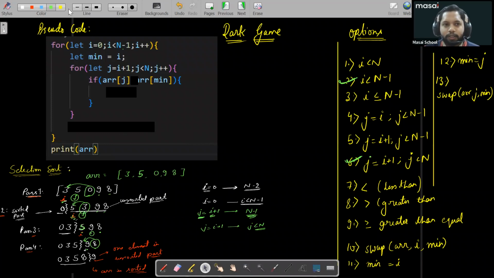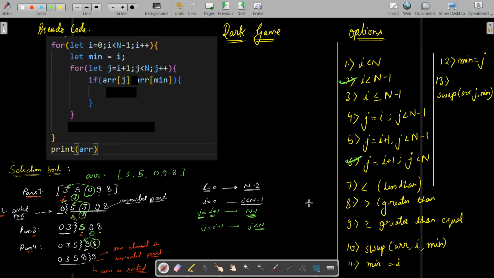What is the reason? Because if array j's value is, like, first passing 3 and 5, but if it is running like 0, then the j value becomes 0 and the minimum value becomes 3.